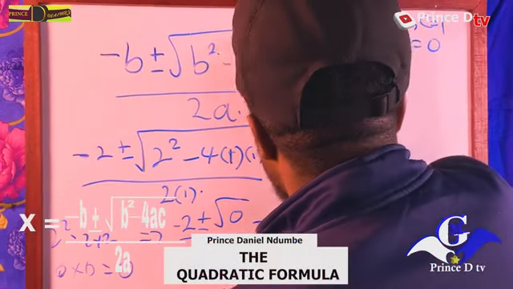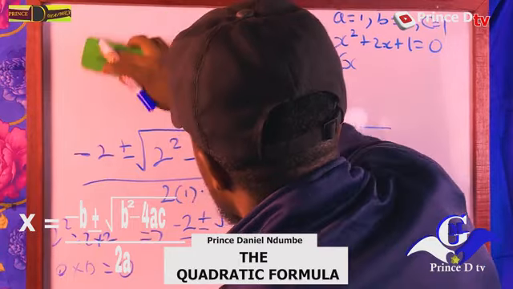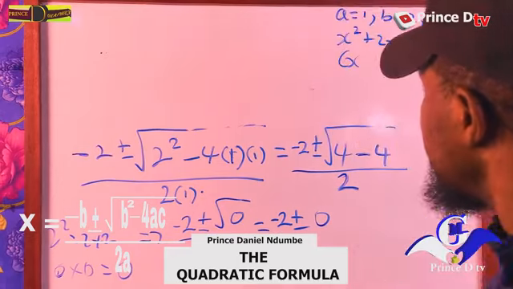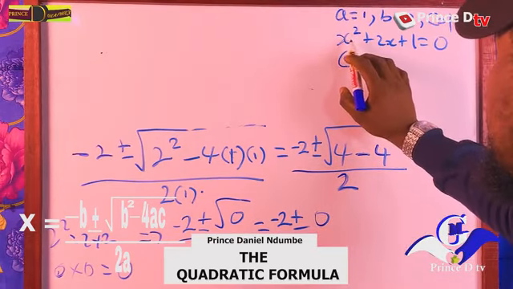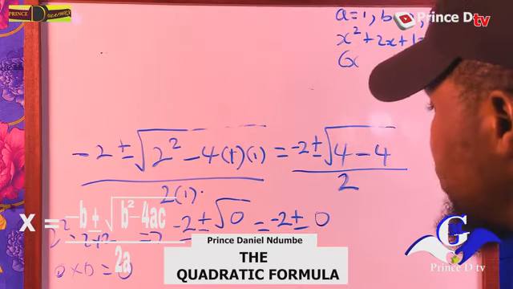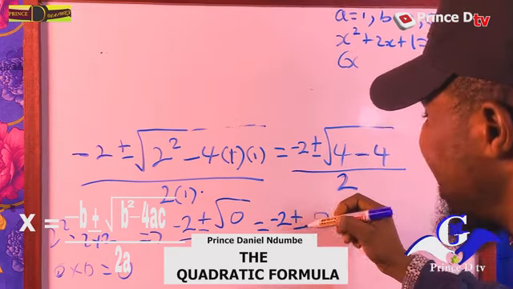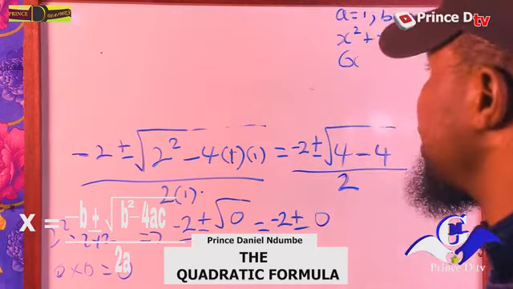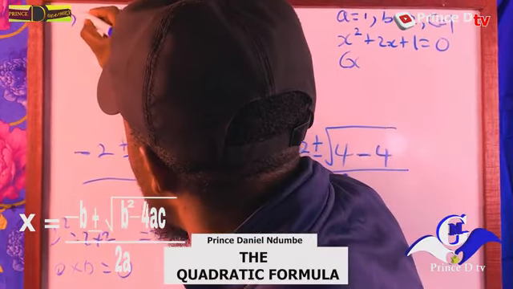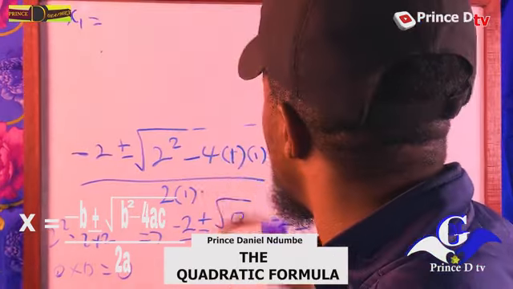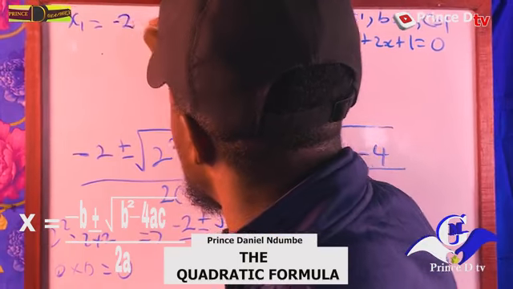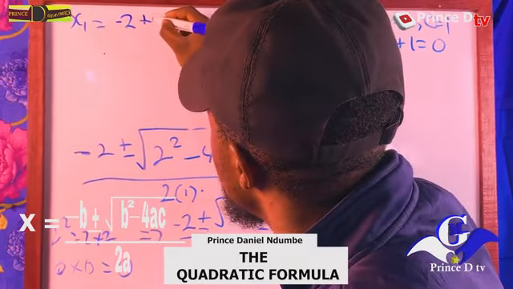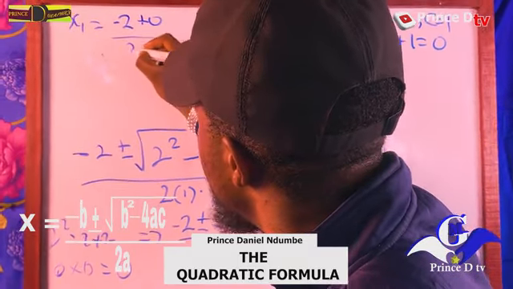So we know the quadratic formula. Our variable is x. Remember, the plus and the minus means we have 2 roots of the equation, so we can say x1 is equal to minus 2. Let's take the positive part first: minus 2 plus 0, all divided by 2.